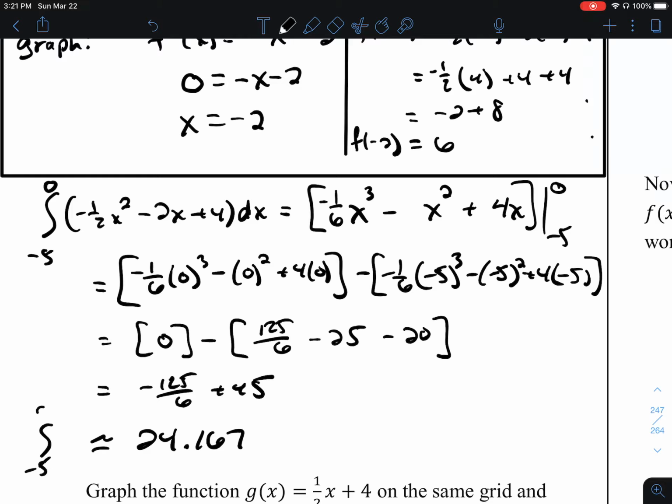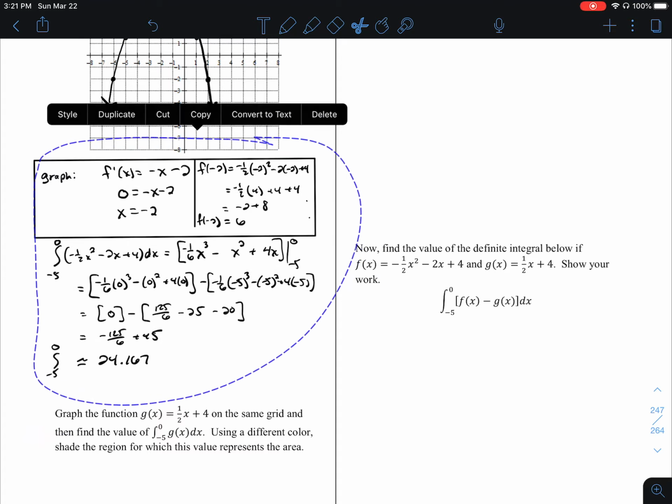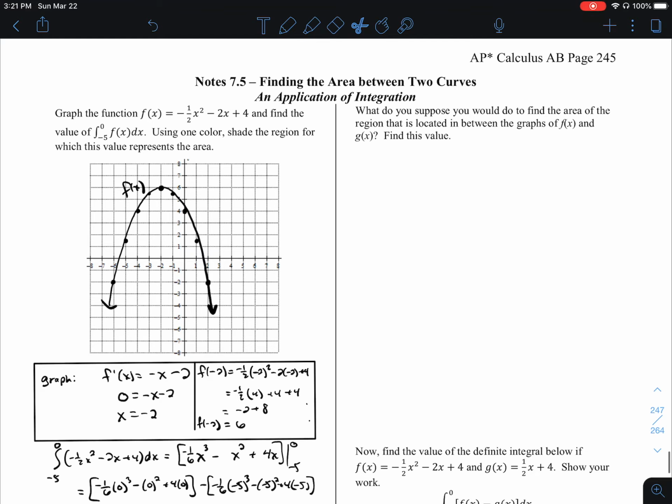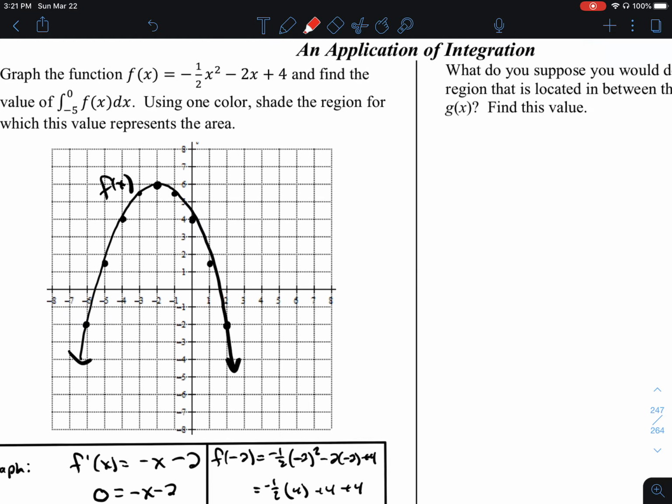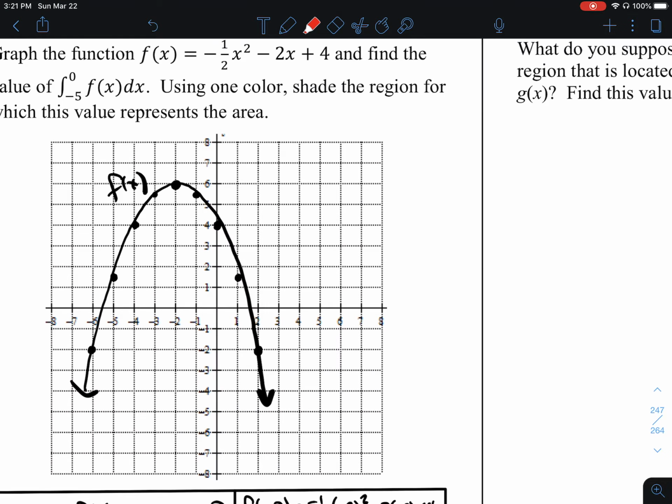Let's see if we answered the first question. Graph the function f of x. Did it. Find the value of integrating -5 to 0. Did it. Using one color, shade the region for which this value represents. Well, this value represents this red area.